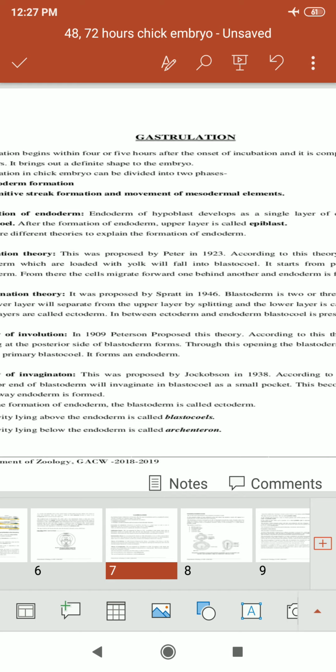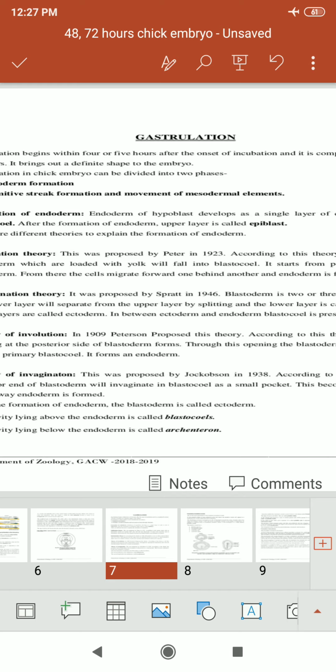The endoderm formation involves primitive streak formation and movement of mesoderm elements. The endoderm is a single layer of cells on the side of the blastocoel, and the upper layer is called the epiblast. The infiltration theory was proposed by Peter in 1923.